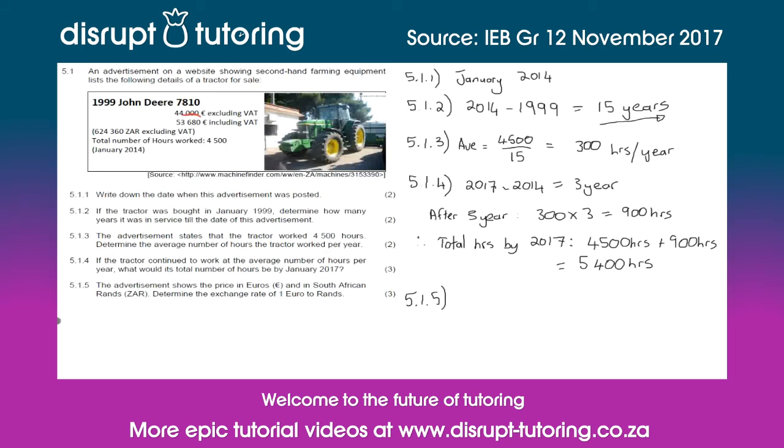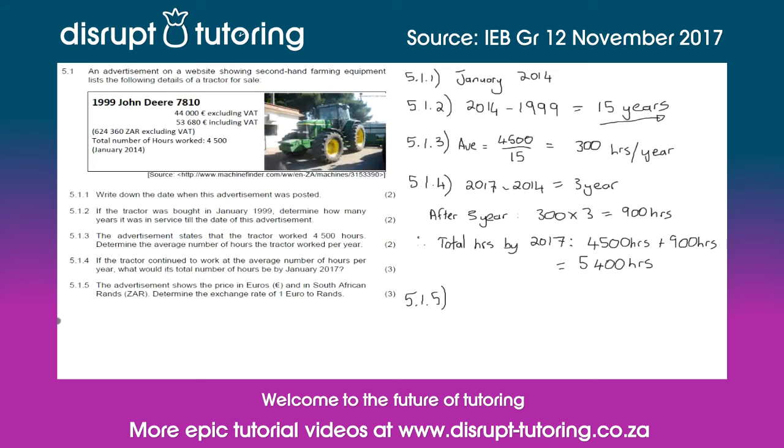They've included the excluding VAT price in rands, which is 624,360. So we need to keep it consistent by using the same price in euros, the excluding VAT price, because this is excluding and this is excluding, to make this calculation.